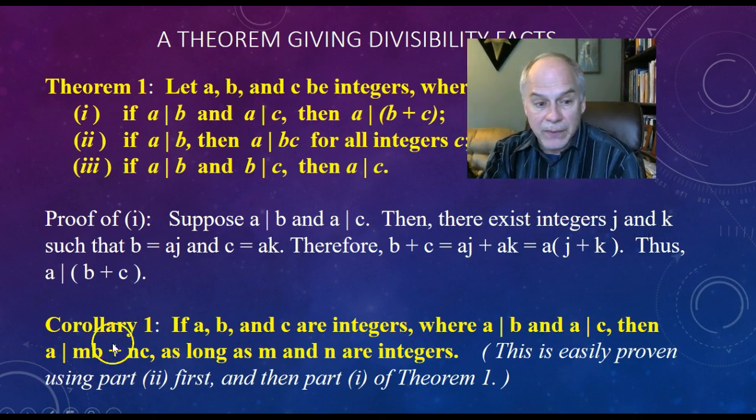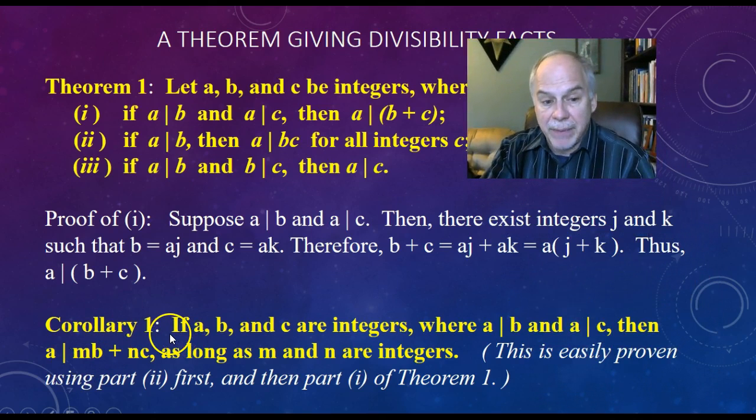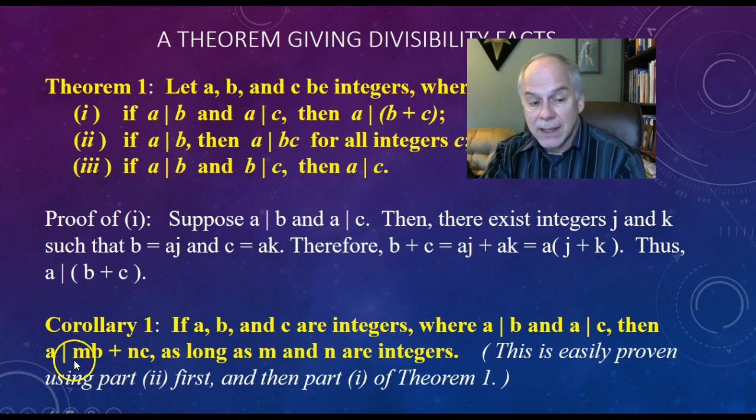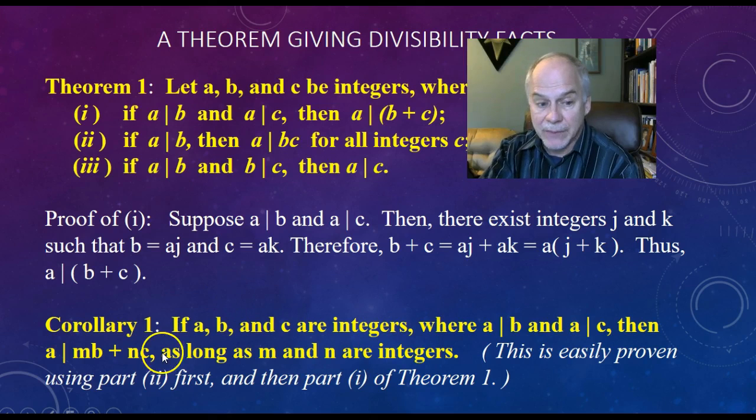All right, now the corollary at the bottom of the page. If a, b, and c are integers where a divides b and a divides c, then a will divide m times b plus n times c, as long as m and n are integers. Okay?